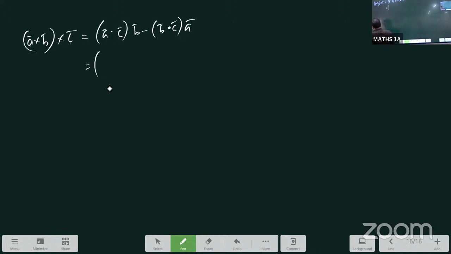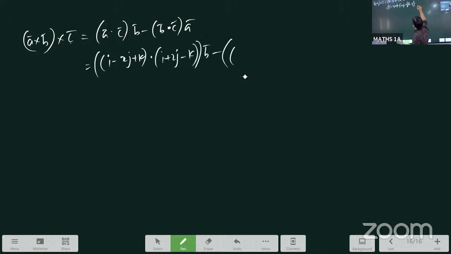Now a bar dot c bar, again same approach. i minus 2j plus k dot product with i plus 2j minus k, b bar. Now next, what is b bar? 2i plus j plus k dot product with i plus 2j minus k into a bar.